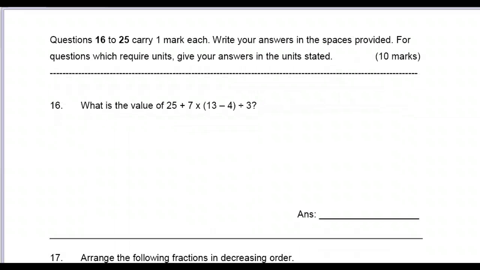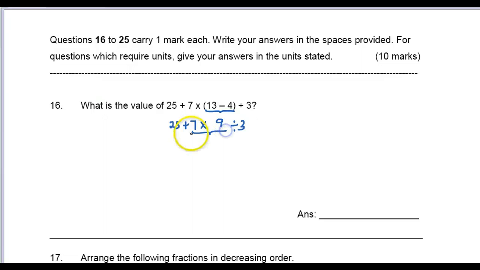Question 16. What is the value of 25 plus 7 times 13 minus 4, divided by 3? So here I need to do my brackets first. So 13 minus 4 would be 9. So I take 25 plus 7 times 9 divided by 3.